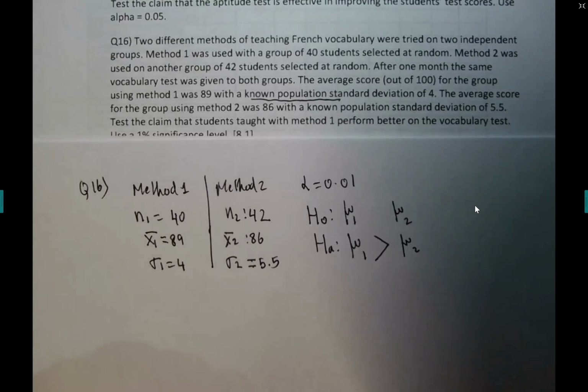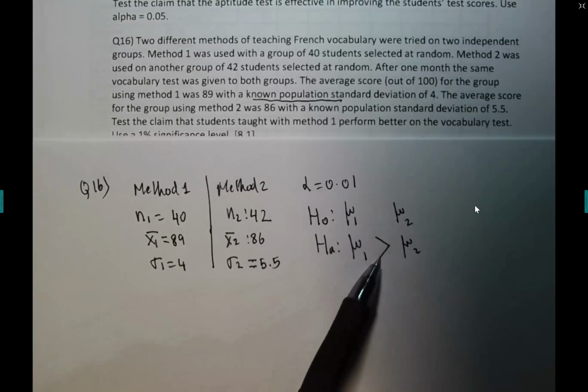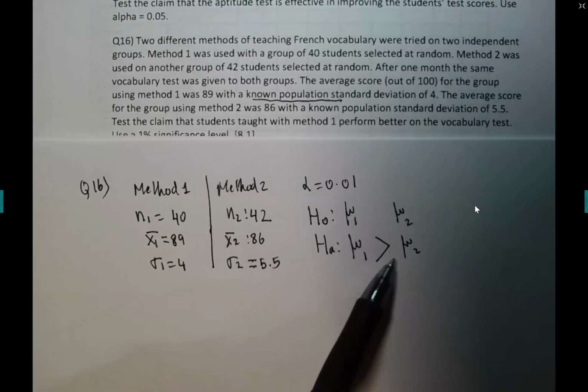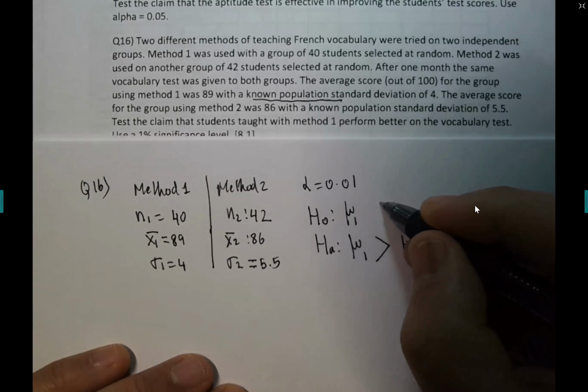I know some students ask me before, sometimes you start with the null, sometimes you start with the alternative. I start with the one in question, always. So he says greater than, I know greater than can't be in the null, so I have to put it in the alternative. So the null will be less than or equal.